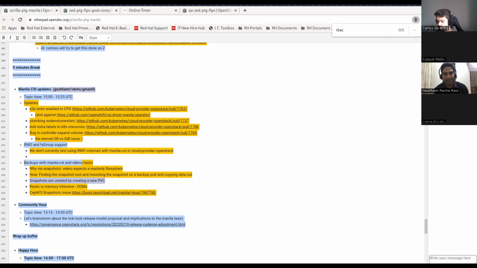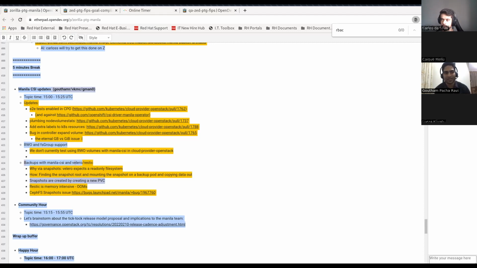The other big issue that is currently an open issue is the support for RWO volumes. I can explain the backstory here. If Manila CSI is available, let's say in OpenShift, it's possibly a provisioner for RWX volumes.